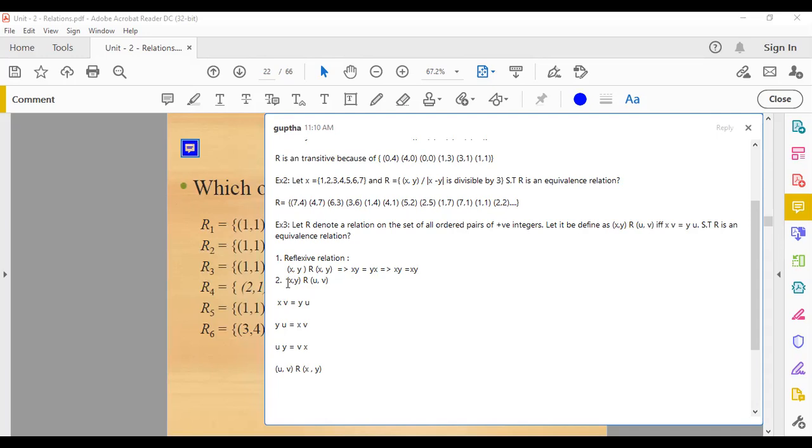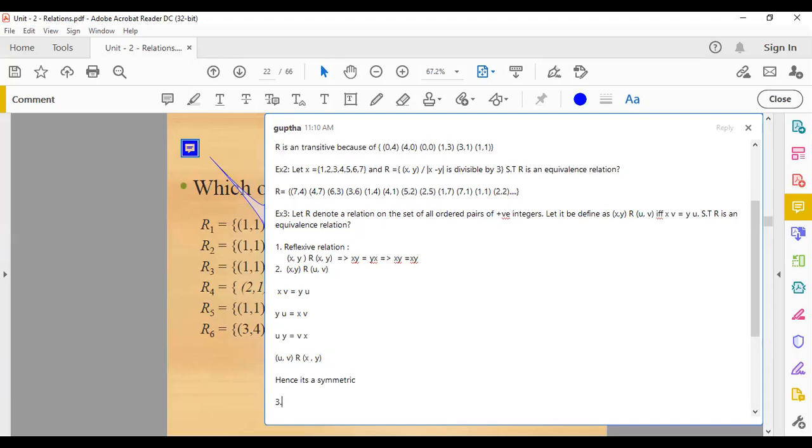Taking B equal to A, yu is there, and by using the commutative law, a into b and b into a are the same. That's why I mentioned uy equal to vx. So as per the definition, we can write like this. This is the way to prove it is symmetric. Hence it is symmetric.